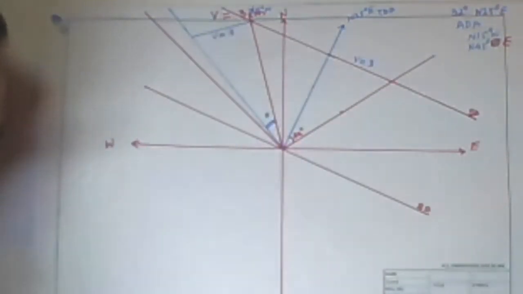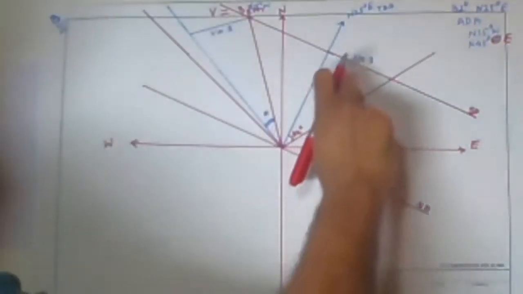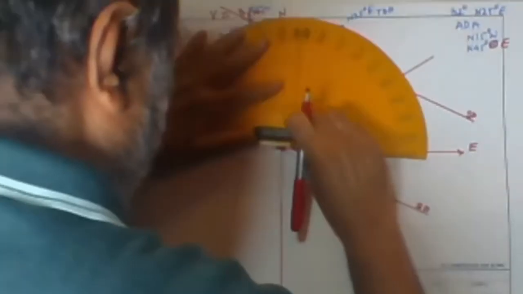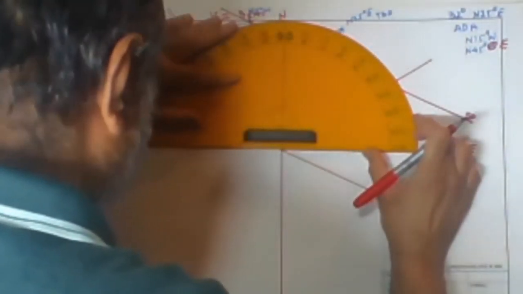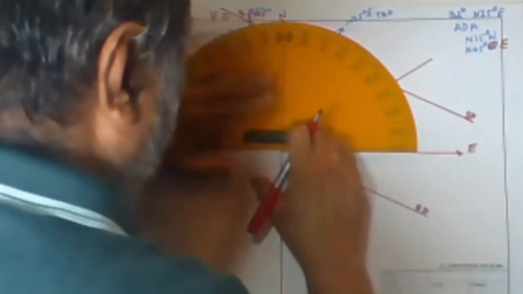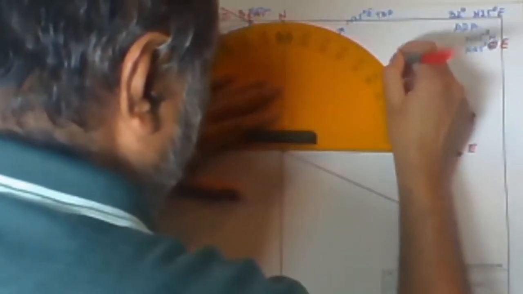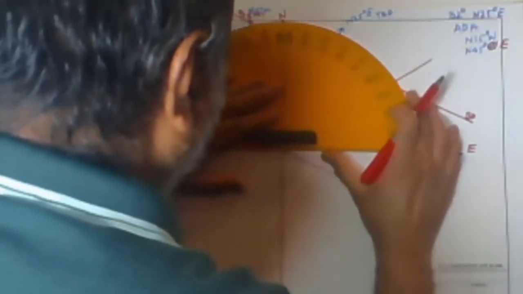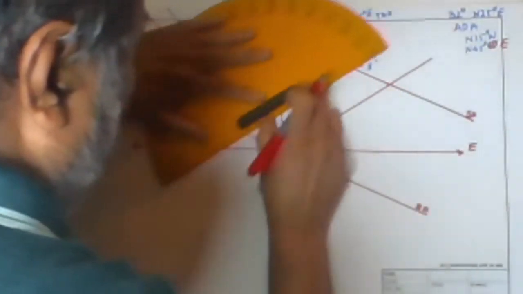I thought that something is wrong here in the problem. Instead of this one, we have to take this angle 45 degree towards the east. We made a mistake. It's 10, 20, 30, 40, and this is the 45.